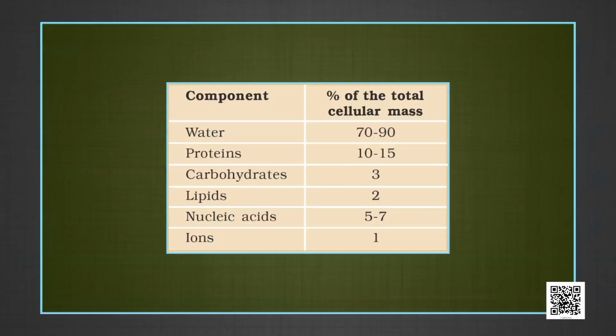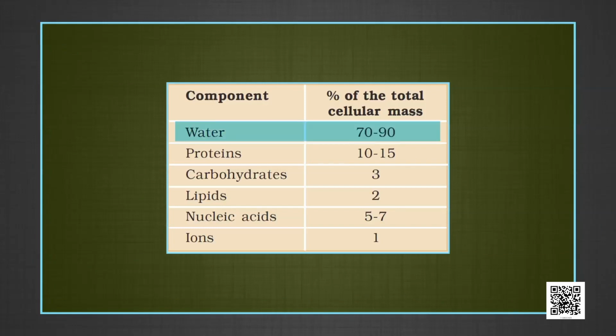So, to summarize, if we represent the chemical composition of living tissue from an abundance point of view and arrange them class wise, we observe that water is the most abundant chemical in the living organism. Here is a table showing you the average composition of cells.